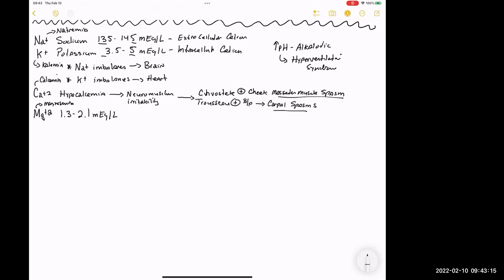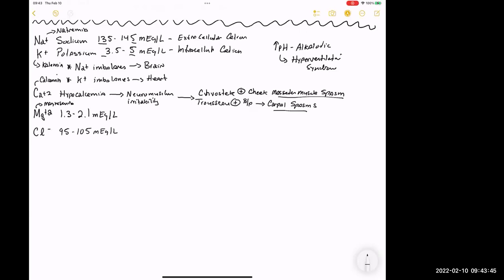Let's talk about some of the negatively charged ions or anions. Chloride is the most substantial one that we see. The normal value in the body, and we talked about that, is 95 to 105 milliequivalents per liter. And it is just chloridemia, so hypo and hyperchloridemia.